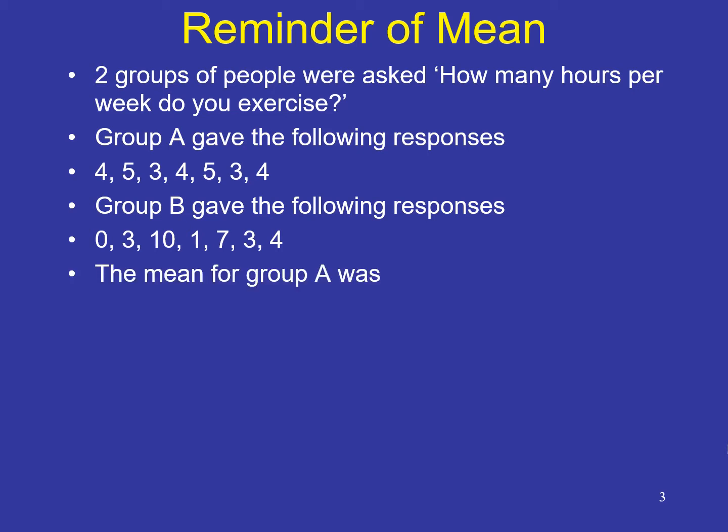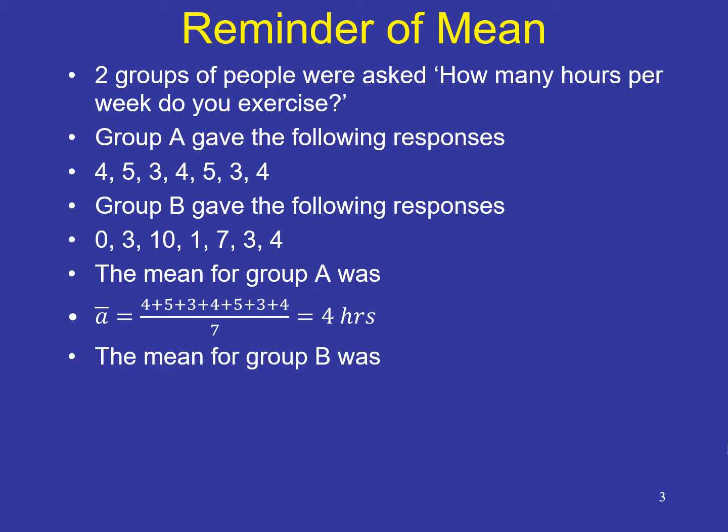And then let's calculate the mean for group A. So reminder, to find the mean, we add up all the values and divide by how many there are. So in this case, the mean for group A is 4. And let's do the same thing for group B. And here we find that the mean is also 4.